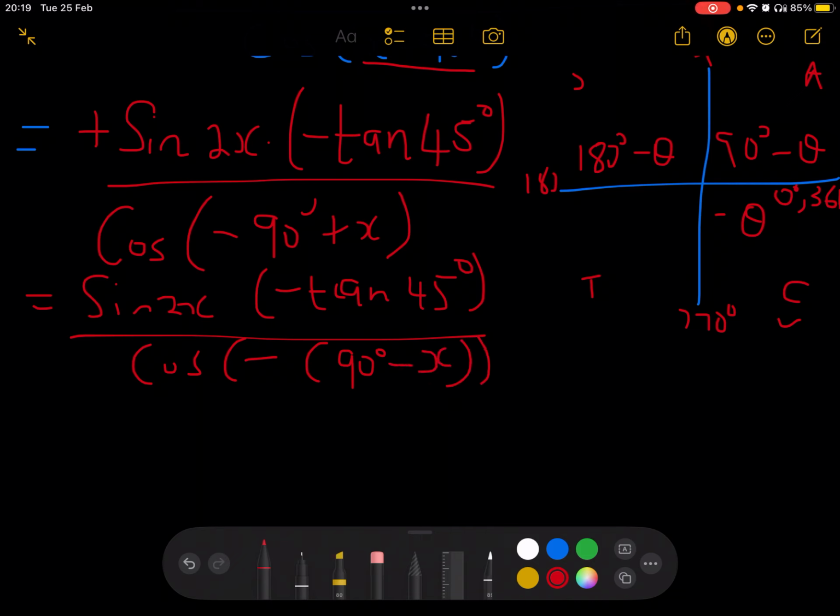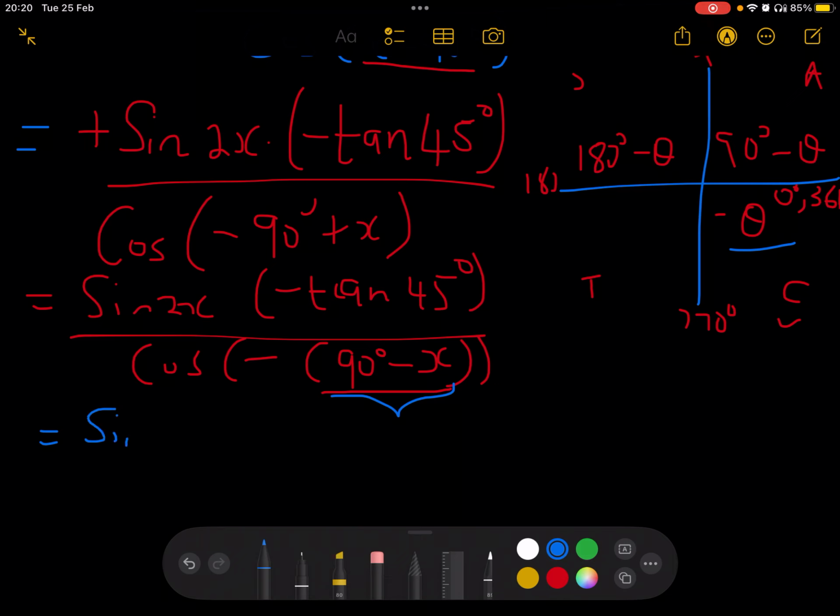Now, what did I say about negative angles? Negative angles are found in quadrant 4. So this is a negative angle, this whole 90 minus x is a negative angle. But negative angles don't affect cos, because cos in the fourth quadrant is a positive value.